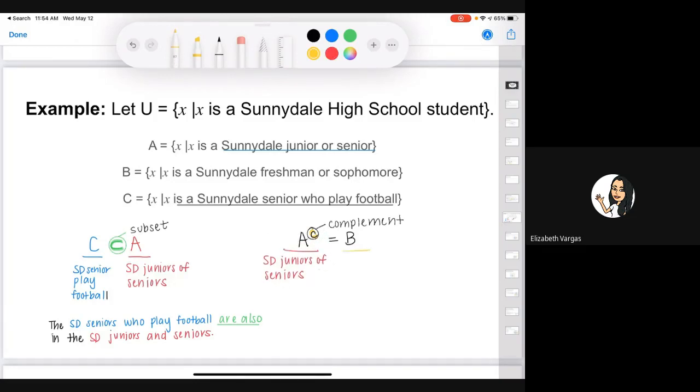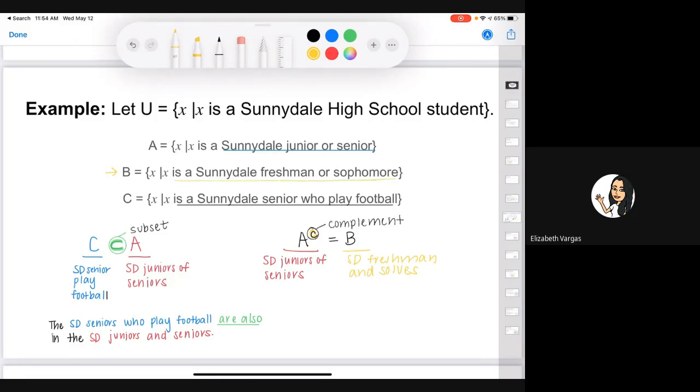B represents my Sunnydale freshmen and sophomores. I'm getting this information from what my set tells me about those things.